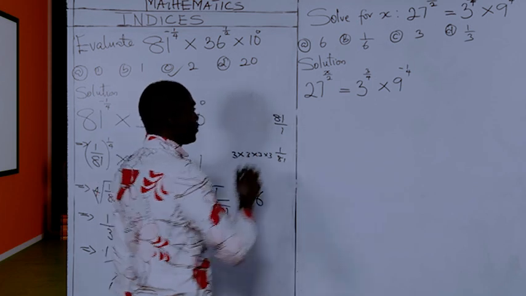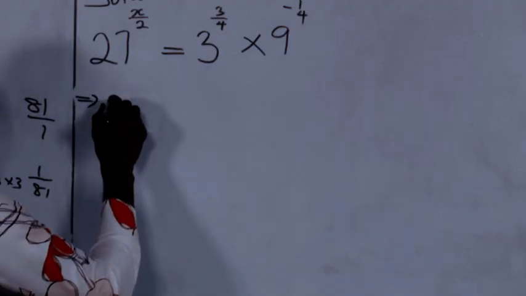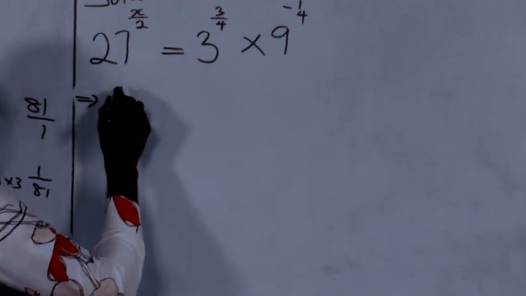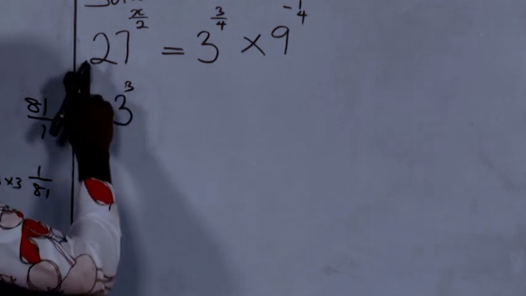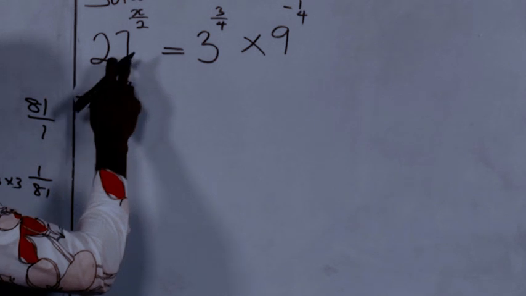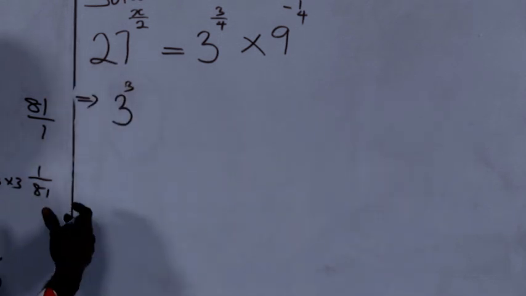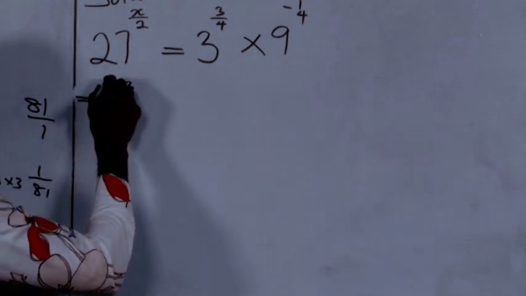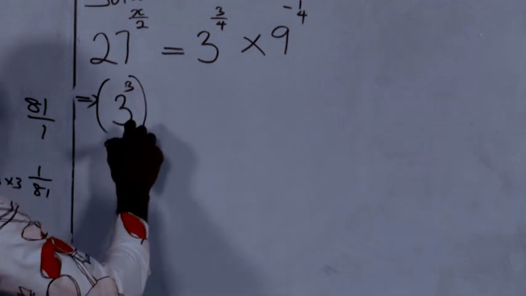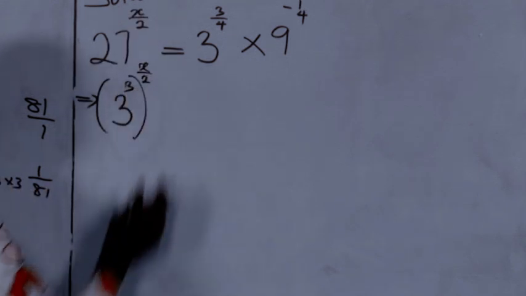Now let's move. This 27 will give us 3 raised to power 3, 3 cube. 3 cube is 27. 3 times 3 is 9, times 3 is 27. In bracket, we have x over 2.